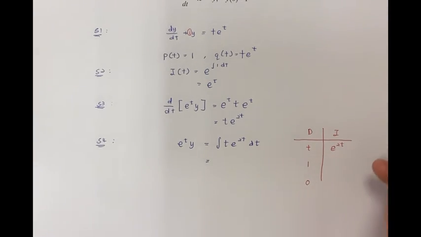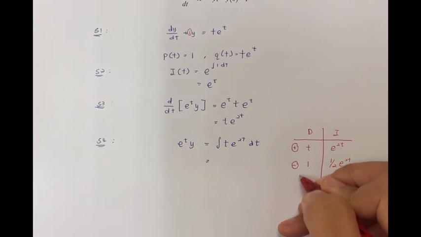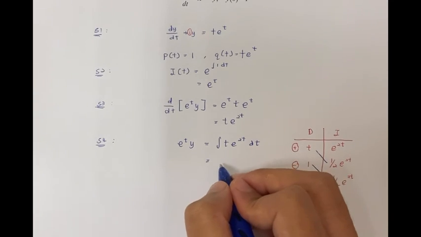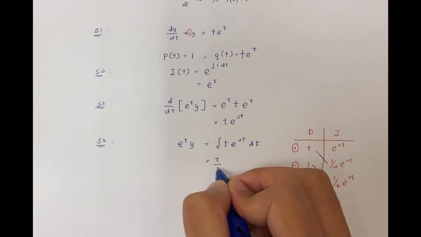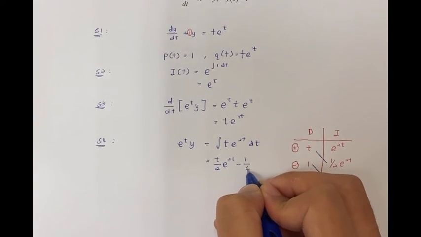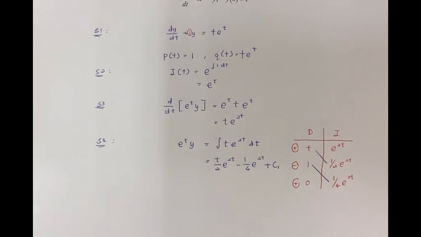For the integration part, e^(2t) becomes 1 over 2 e^(2t), and then here you have 1 over 4 e^(2t). Do not forget the signs: plus, minus, plus. And then take the cross products. So for the integration, you will have t over 2 e^(2t) minus 1 over 4 e^(2t) plus C1.